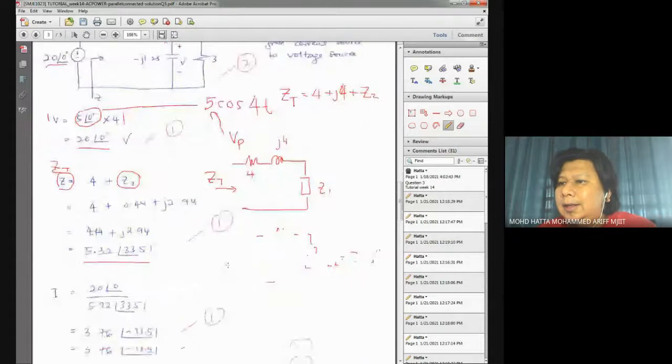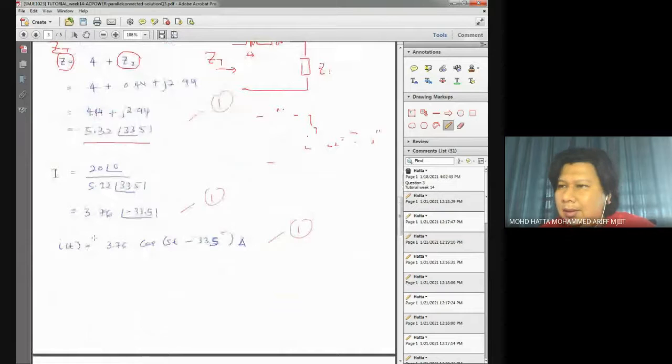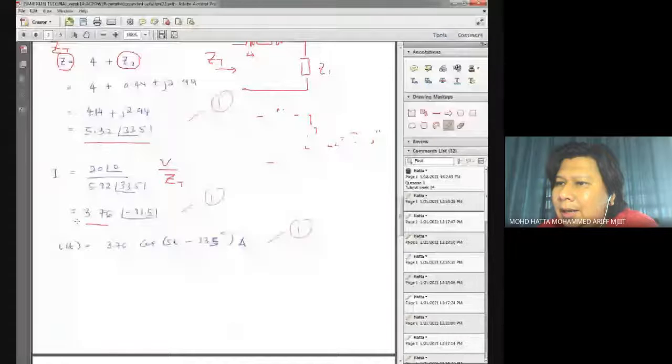And see here, yeah, the advantage of using peak value. Here you can calculate your current using the Ohm's law, where this is your V and this is your Z total value, and at the end you will get your current, which is this one is basically I, peak value of current, not RMS.